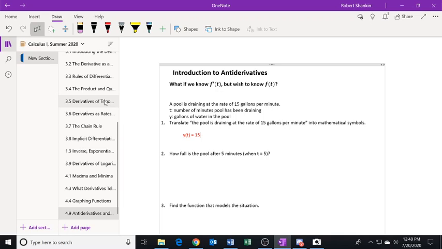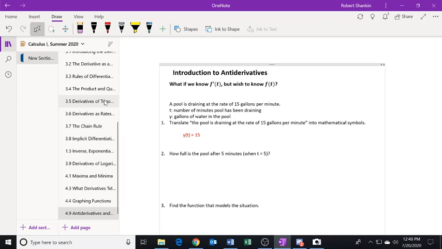Do you agree with that answer or disagree? I would say I would agree with that. You agree with that? It seems pretty reasonable. Y of t is equal to 15.